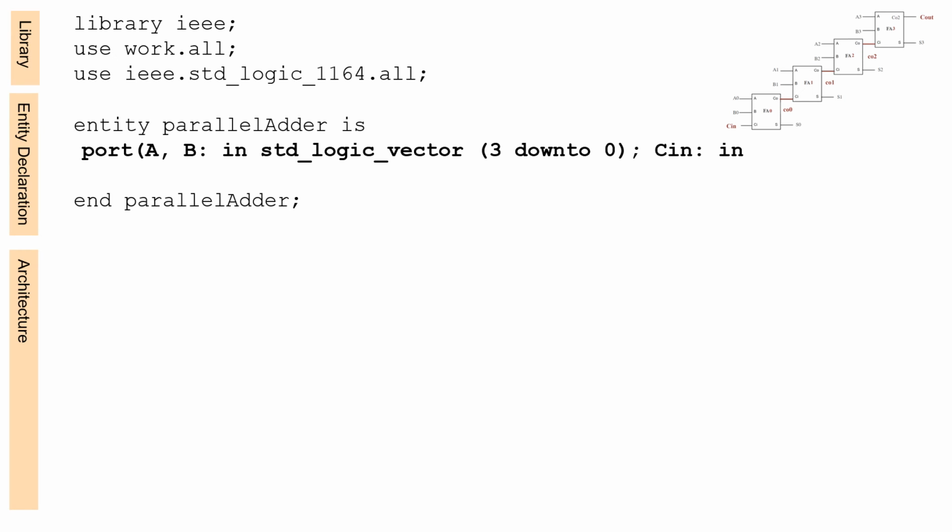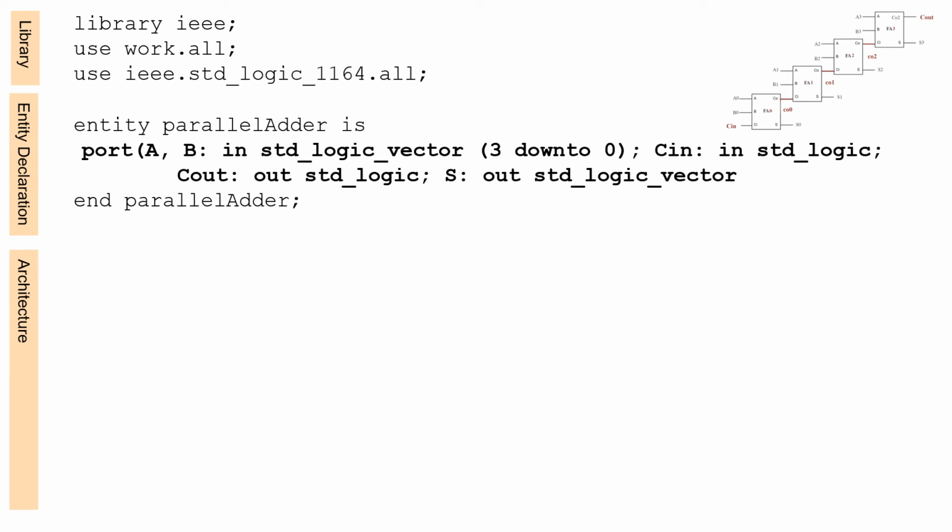And then we'll add Cn as an input with 1 bit, so standard logic. We'll put a semicolon now to list the outputs. We'll start with Cout as 1 bit, so we'll say Cout is out 1 bit. Semicolon, S is output of type vector consisting of 4 bits, so 3 down to 0, and that's it. We'll close the bracket of the port, put a semicolon.